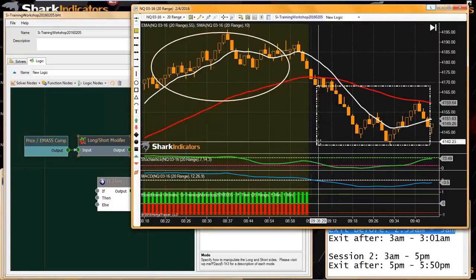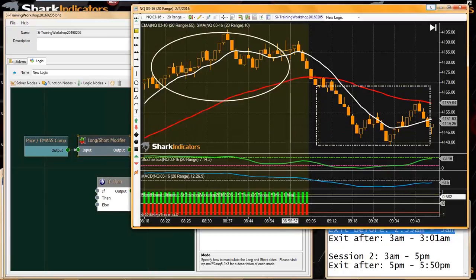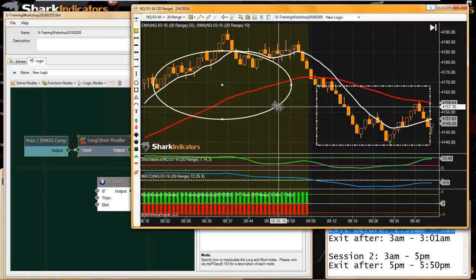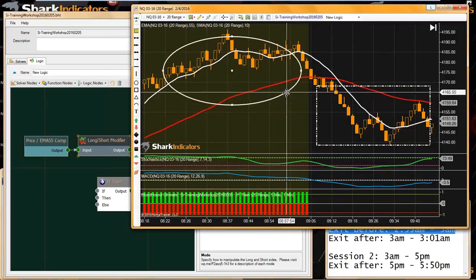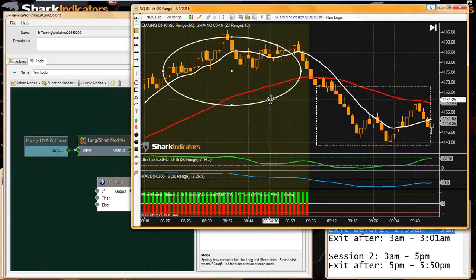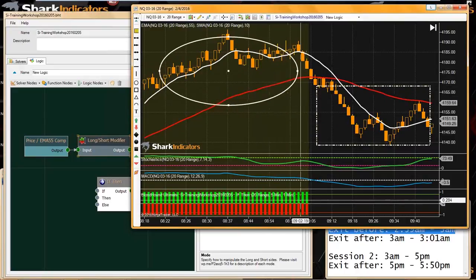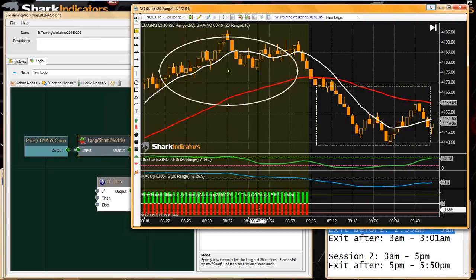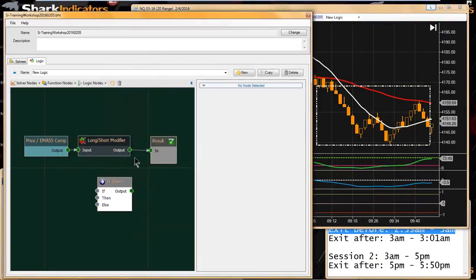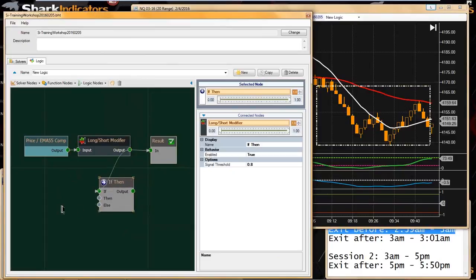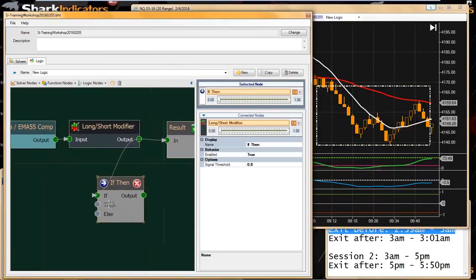Okay, so now when we look at the chart, we can see when we're in the uptrend, when price is above our EMA, we have long and short signals. We have both. So what that means is whatever is connected to then passes through to the output.